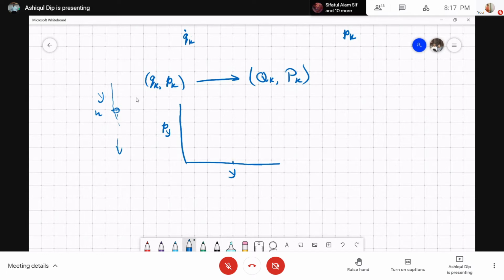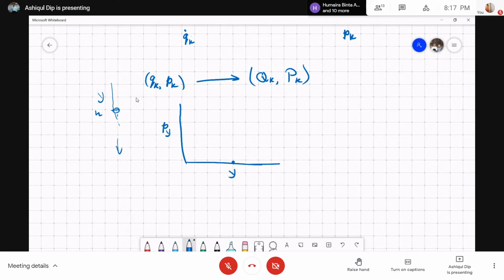But what is the value of momentum if we just release it from there? What is the value of momentum at that point? It's 0. So it starts from here, right? And how does it evolve?